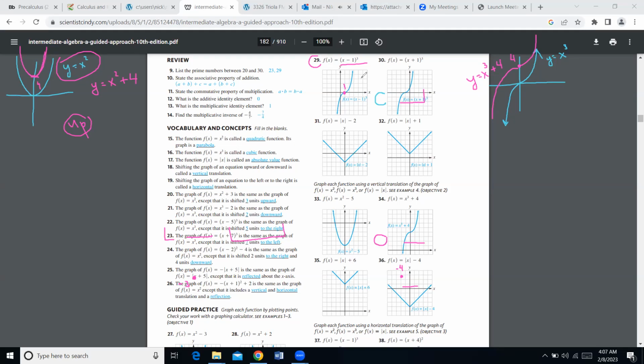So if you subtract 1 from your variable inside the parentheses, the graph moves to the right. And if you add 1, like in exercise number 30, then the graph moves to the left. So it's just the opposite: when you have a plus in the parentheses, it goes to the left, and if you have a minus in the parentheses, the graph goes to the right.